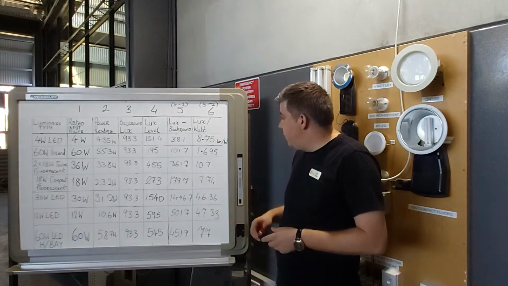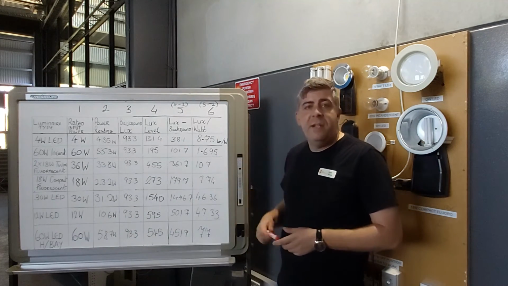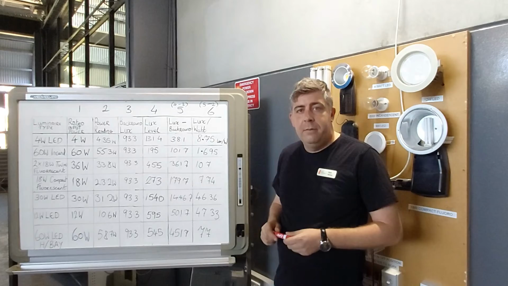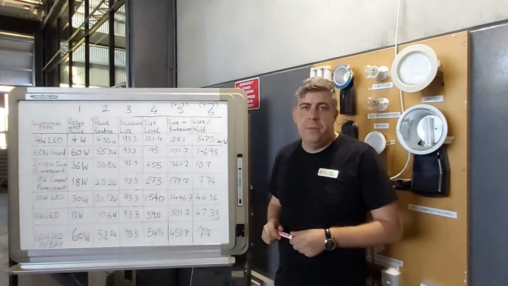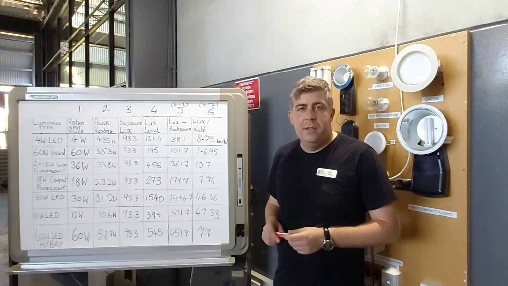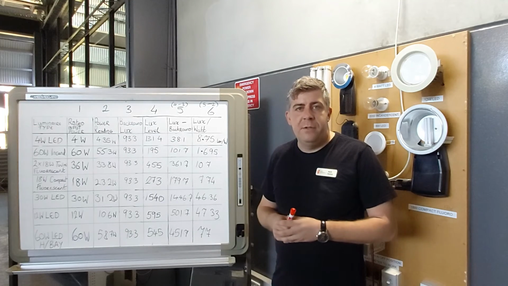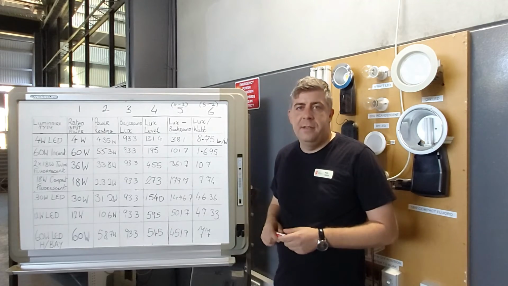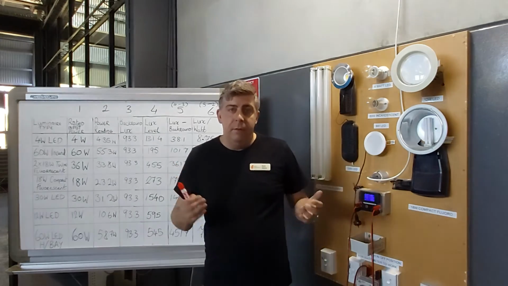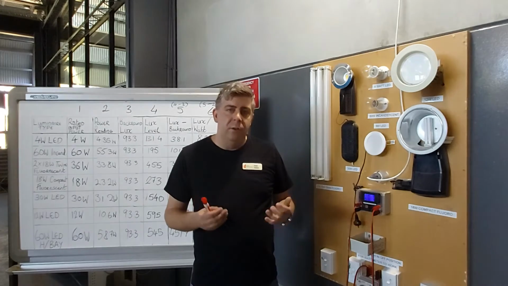The least efficient is going to be the 60 watt incandescent light globe at 1.6 lux per watt. So a huge difference. So 40 times more efficient is the LED than the incandescent. That's why these days people aren't using old style light bulbs.